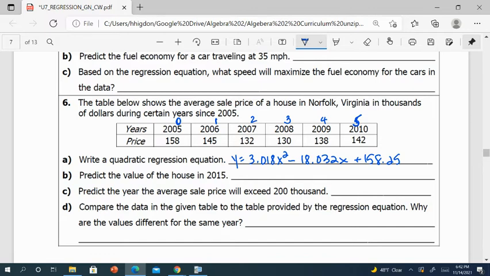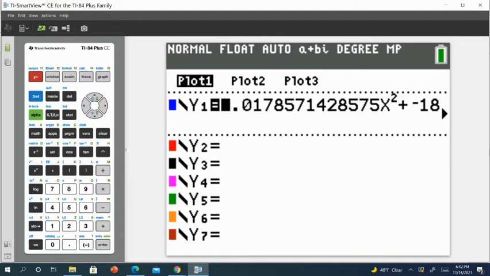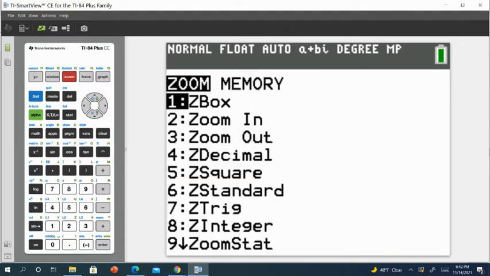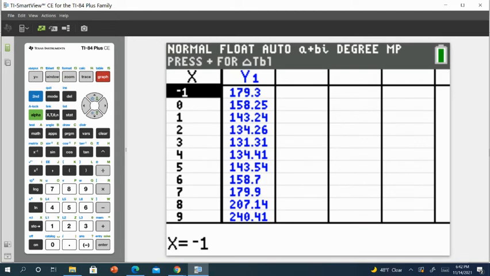Predict the value of the house in 2015. Well, here's the question. In 2015, what year is that? So if I take 2015 minus 2005, that would be year 10 if I were looking at my table of ordered pairs. So my equation did end up in y equals. You can zoom 9 to look at the graph, and then second trace is going to take us to the table of ordered pairs.